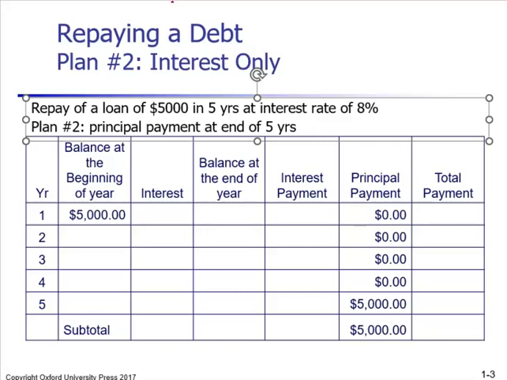But the difference is that we are saying that you don't need to pay us anything from principal until the end of year 5, that you come and pay off everything. So you see, it is just a plan. So it is like that.